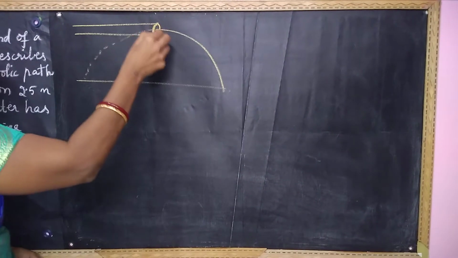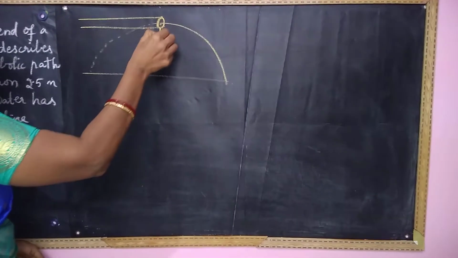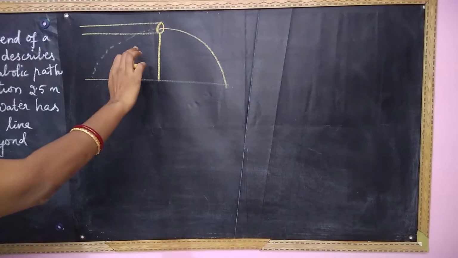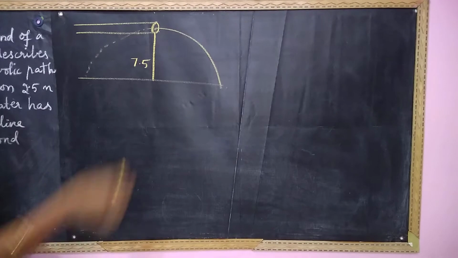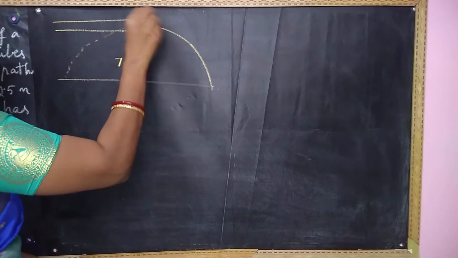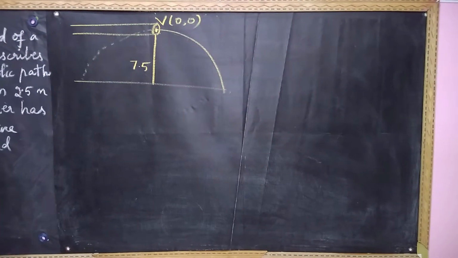So this is the place where the water flow starts. From here to the ground, the height is given as 7.5 meter. So write 7.5. And this point where the water flows out is the vertex, 0, 0. This is the vertex given.